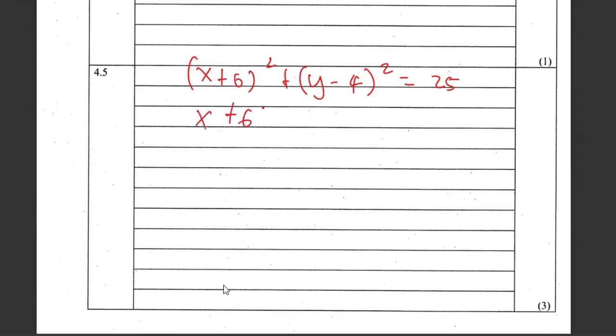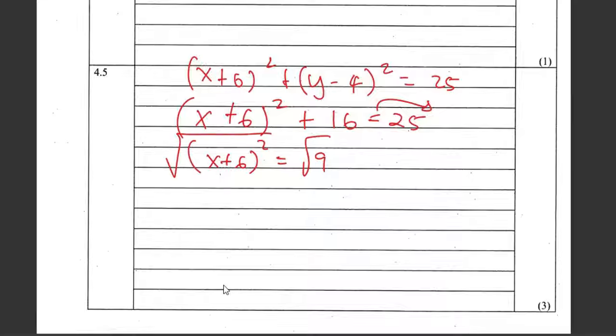So I'll say (x plus 6) squared plus (0 minus 4) squared, which is 16, is equal to 25. Move the 16 that side, (x plus 6) squared becomes 9. Then I'll take square roots. So x plus 6 must give me plus or minus 3. When I move the 6 that side, meaning that my x values should be plus or minus 3 minus 6, meaning that the first x value should be negative 6 plus 3, which is negative 3, or the other x value must be negative 9.